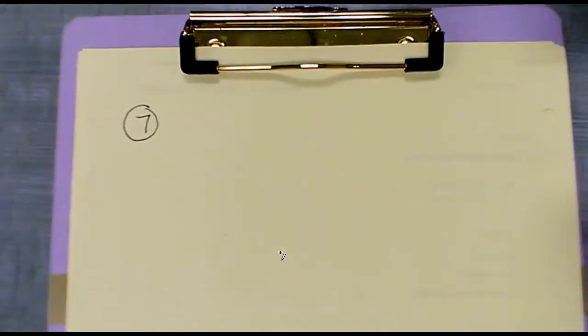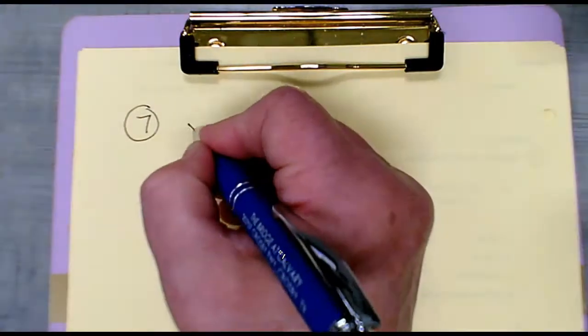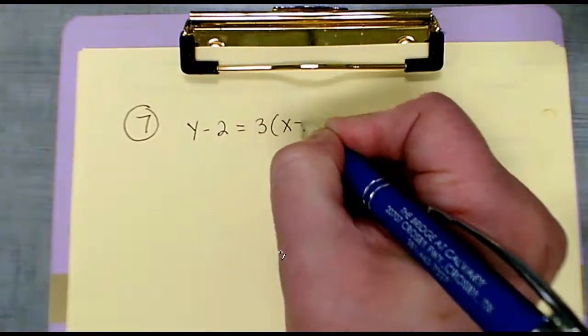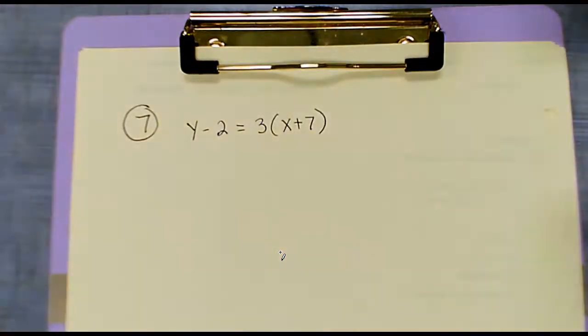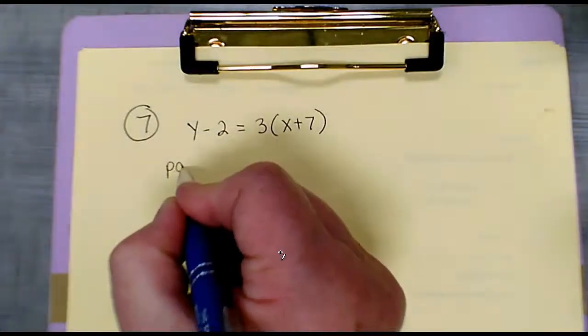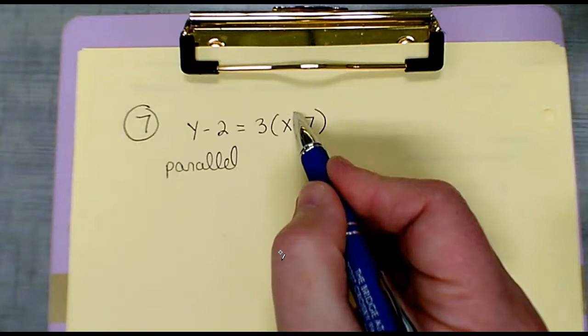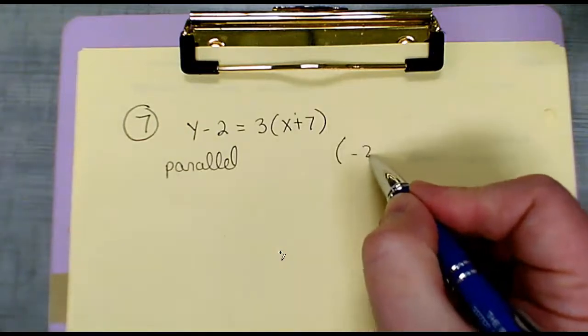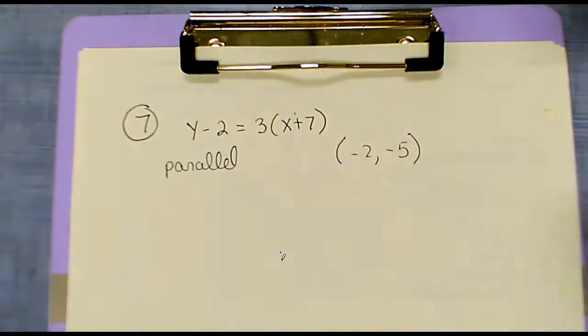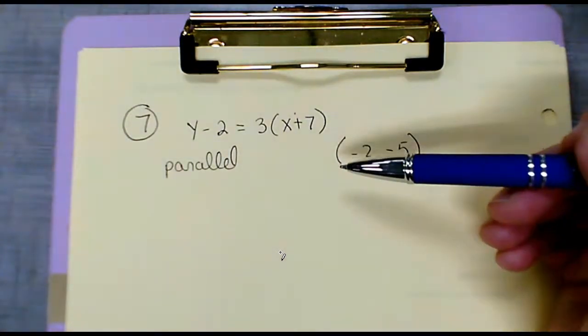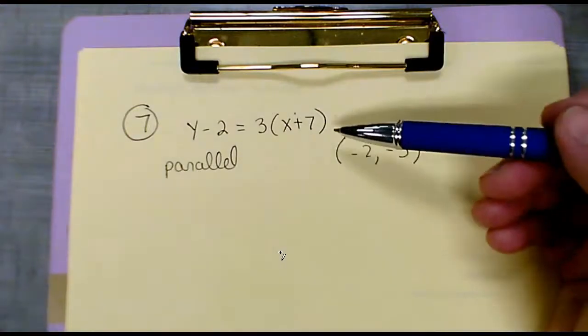Problem number 7 says, I have a line and I'm going to make another line that is parallel to this one, and it goes through this point. This is a throwback question from our last unit. So the first thing I'm going to do, I'm going to write a new line, so I need a slope.